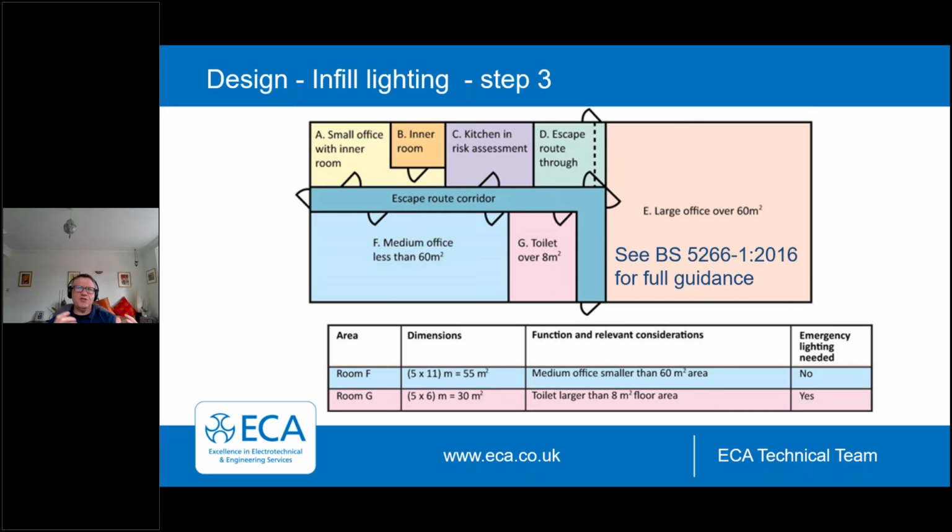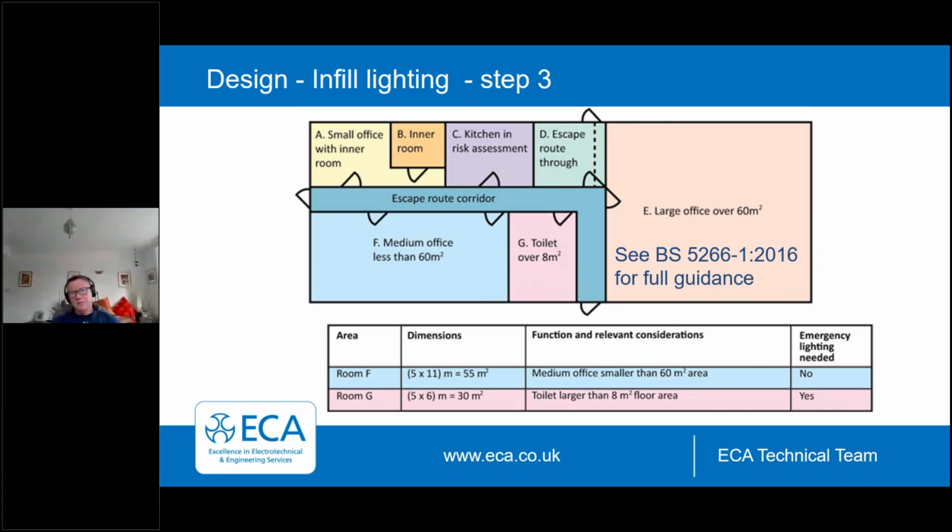It's not something that you can just think, well, I'll take a stab at it. It has much more serious implications. And room G, lastly, would you need it in there? Yes, because of the size in that situation, because it's over 8 meters square. As I say, I've written this directly from BS 5266. The full details can be found within that document.